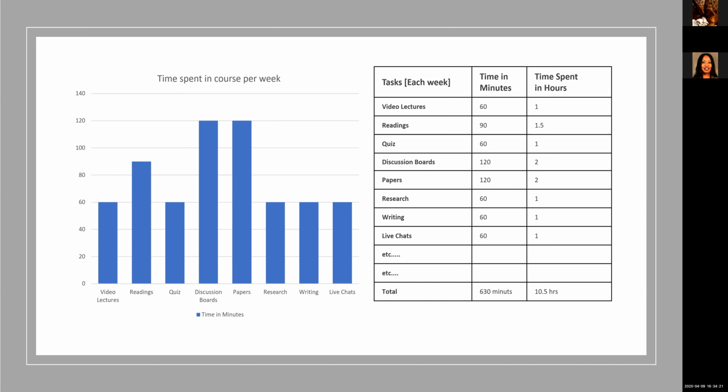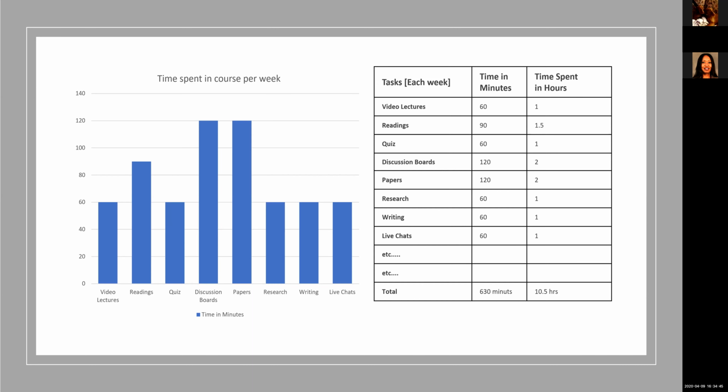Great question. Let's say for an 8-week course, if the activities are changing every week, just create 8 spreadsheets, or 8 sheets in the same workbook, and enter the activities for that week. If you're not doing papers every week, that's fine.